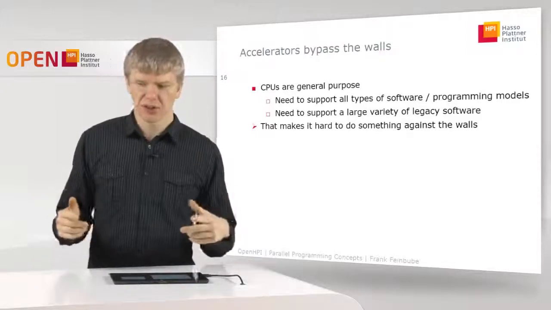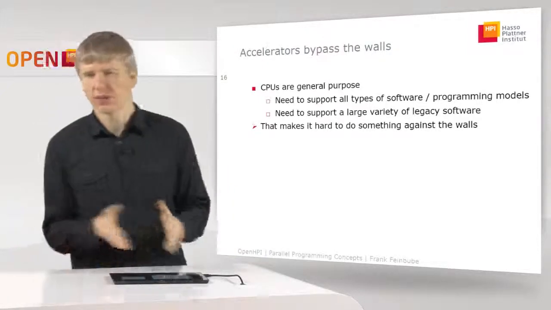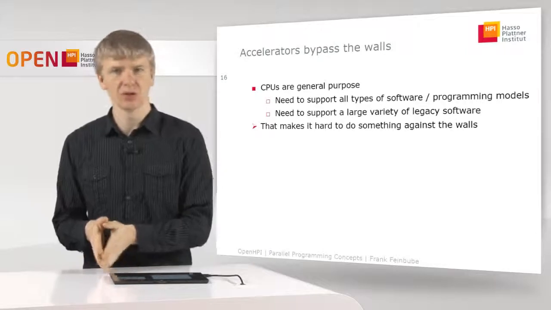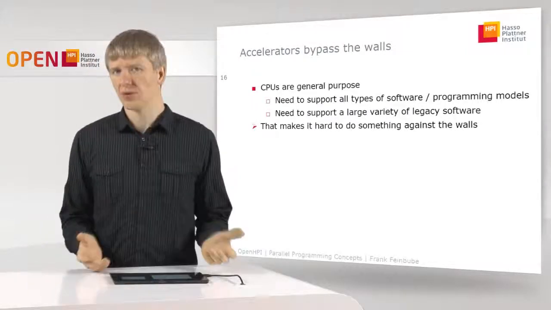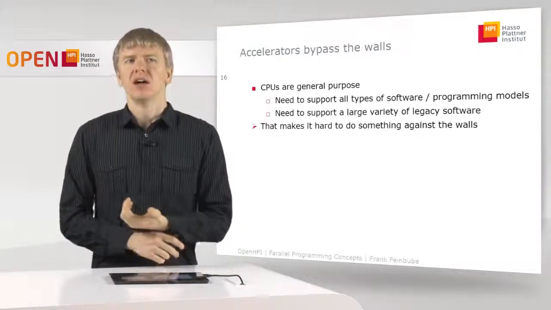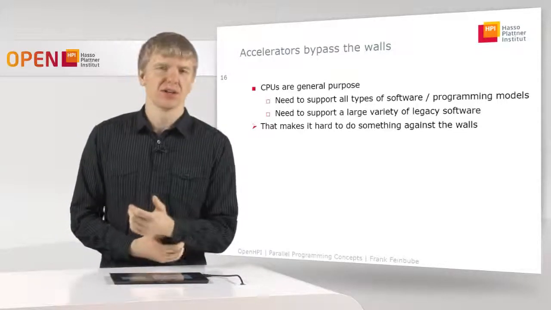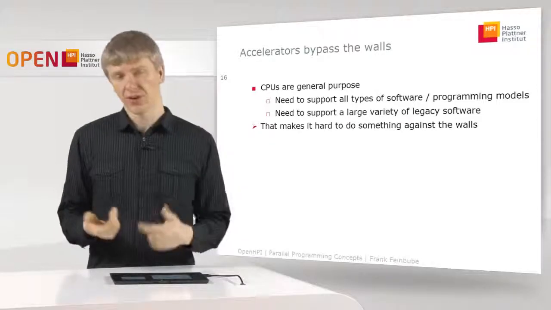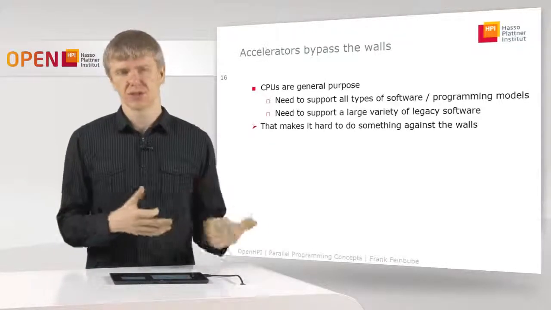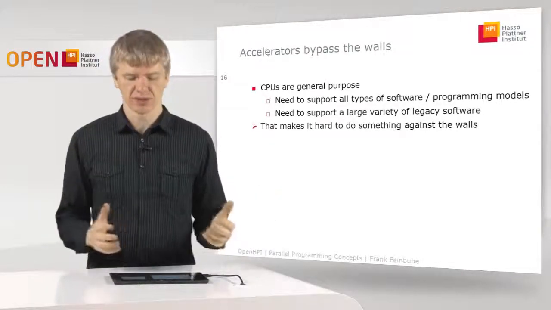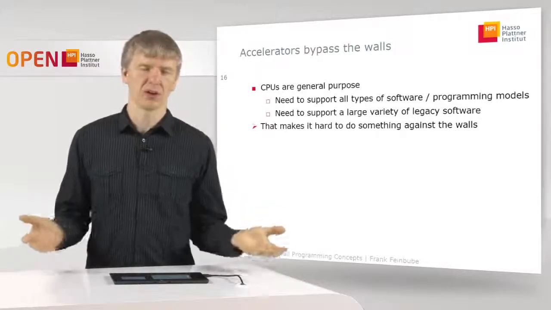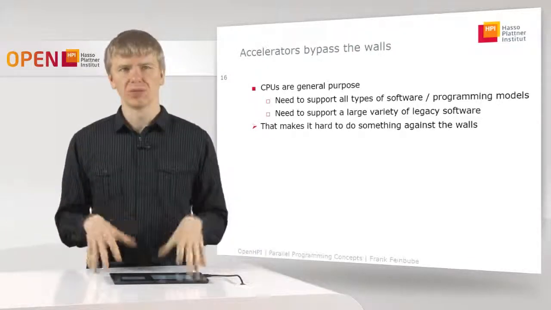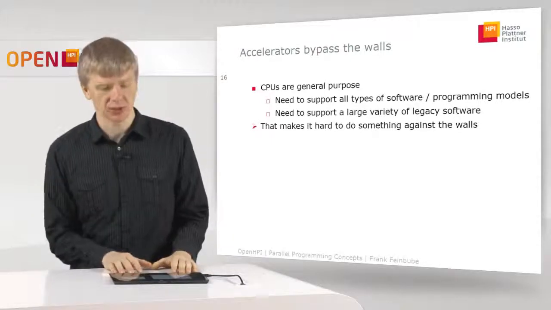We need to make sure that software from 20 years ago still runs on the CPU of tomorrow, and also the old operating systems, for example. And this makes it hard to do something against the walls because there are so many rules that you have to stick with in order to make sure that all the old software still runs there, and that all the other software and programming models that are out on the market will be supported on your next CPU architecture.